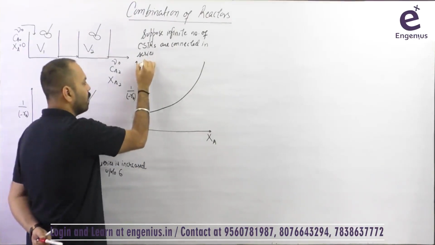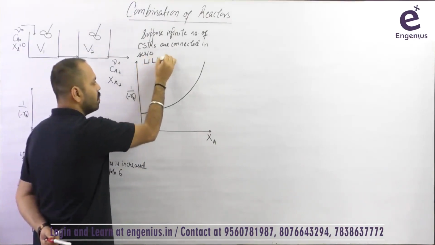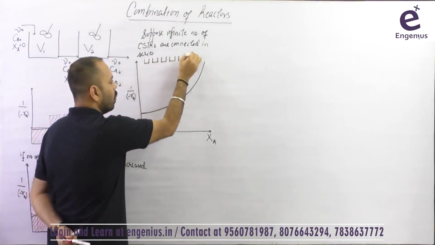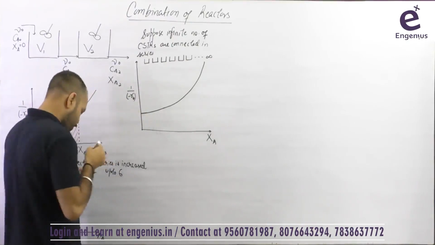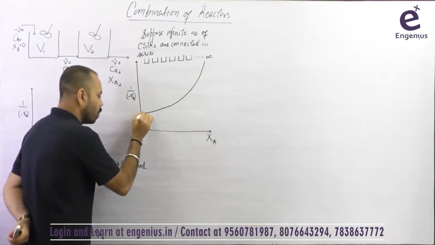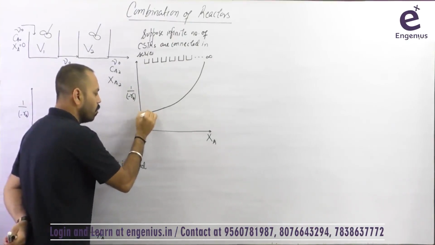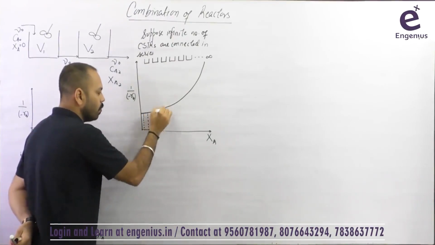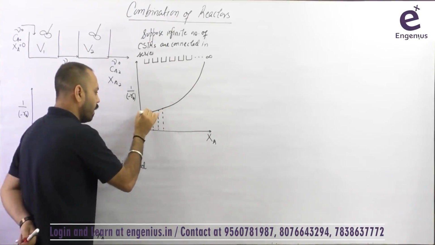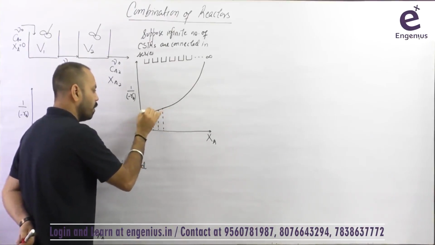Suppose it's something like this, you have a number of CSTRs connected in series. Then how can they be represented? The area of the rectangle will be completed like this.